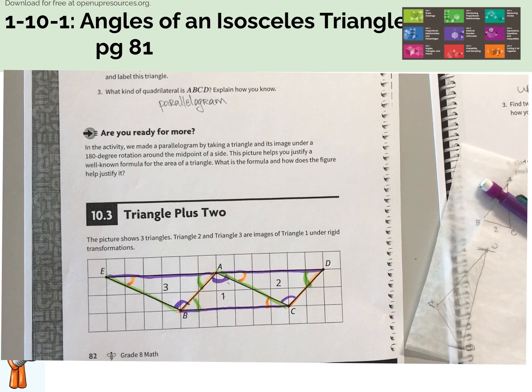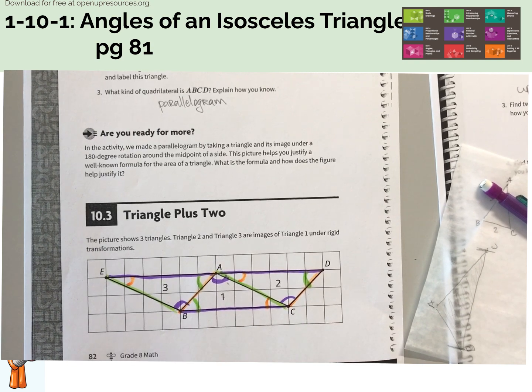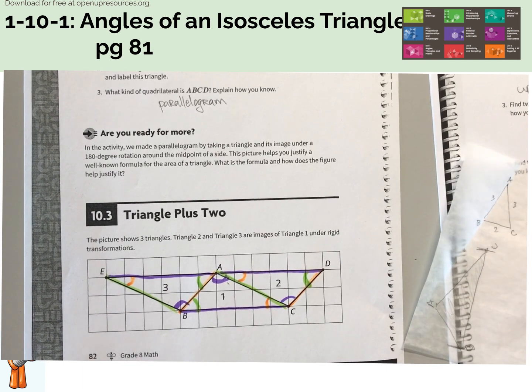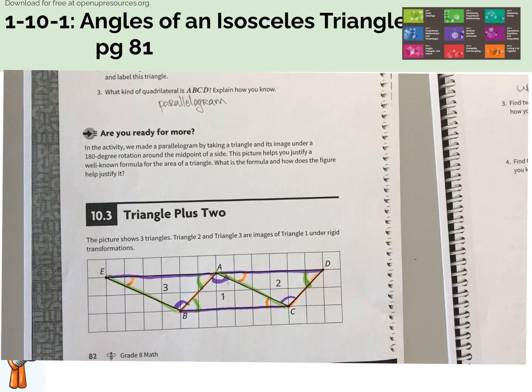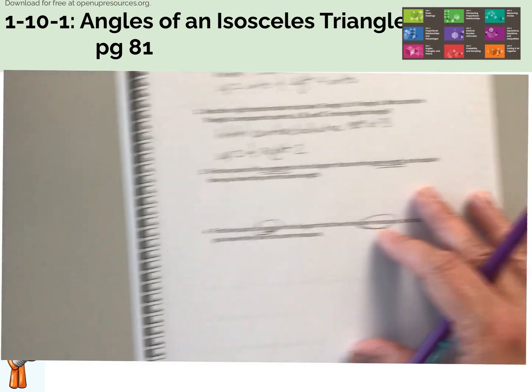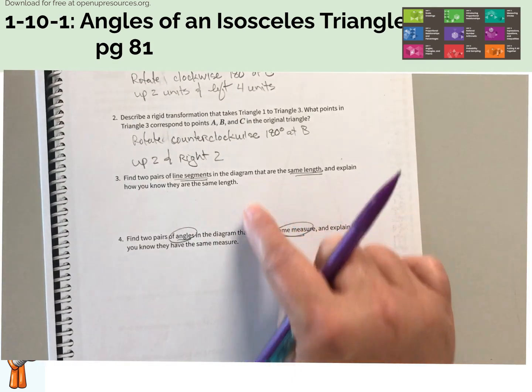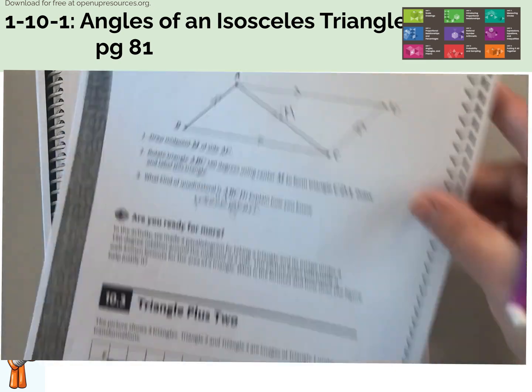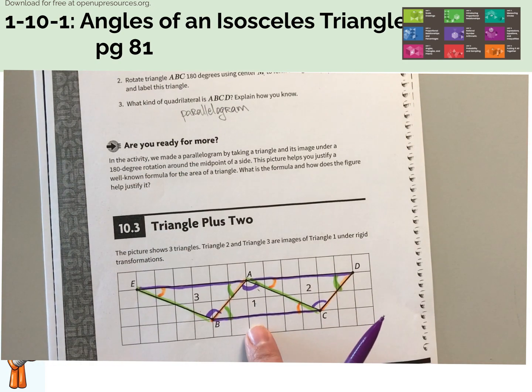So what we're looking at is when we rotate, translate, or reflect, the corresponding angles have the same measure in the new picture, and the same sides have the same measure in the new picture. This is what is considered corresponding sides or corresponding angles. Awesome, that's kind of cool. So we've done number 3 and number 4 with highlighting on this triangle picture.